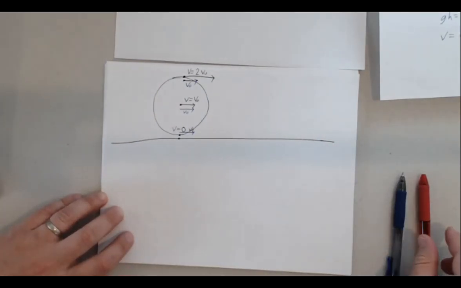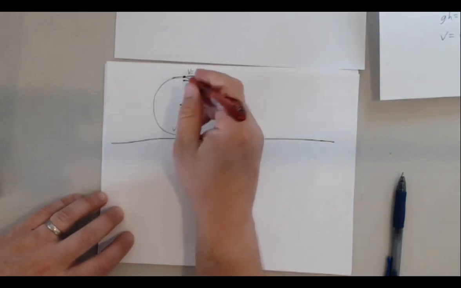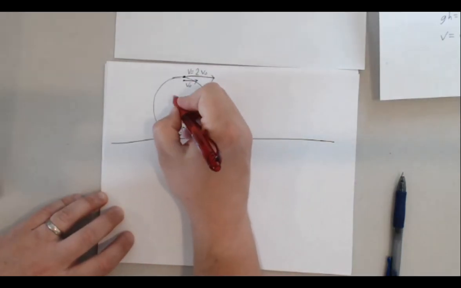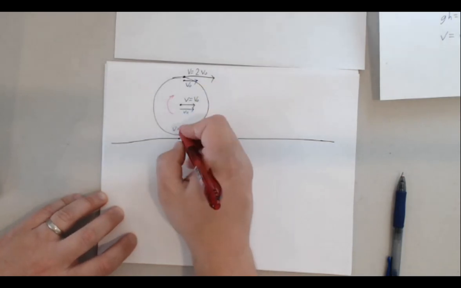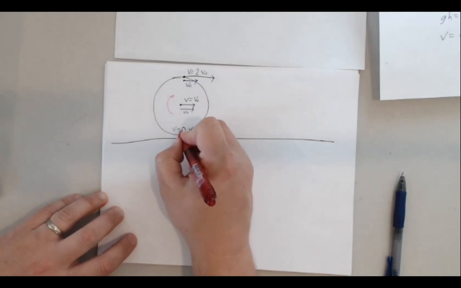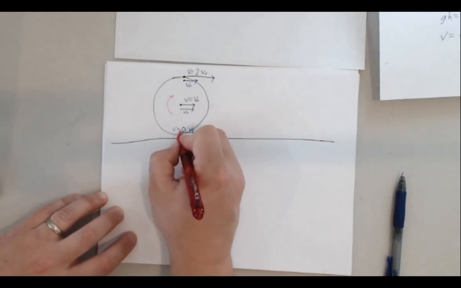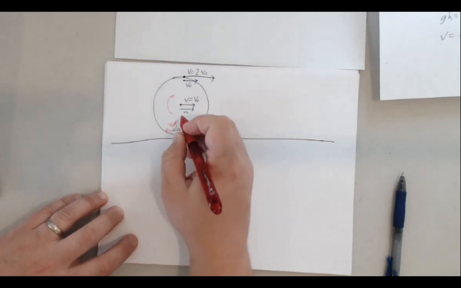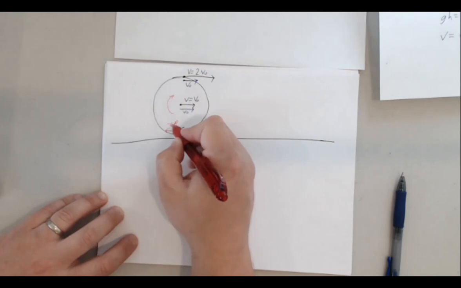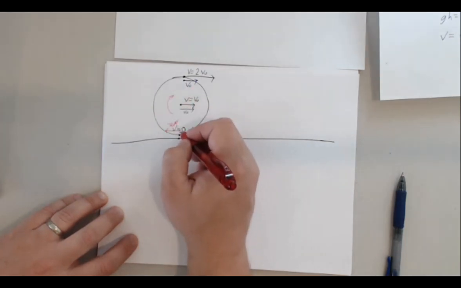And on top of that, I have overlaid a rolling motion, so it's rolling this way, which means at the bottom, my velocity is negative omega times r. Omega is the rotation rate, and r is the radius of the wheel.